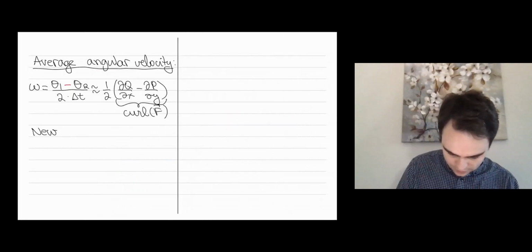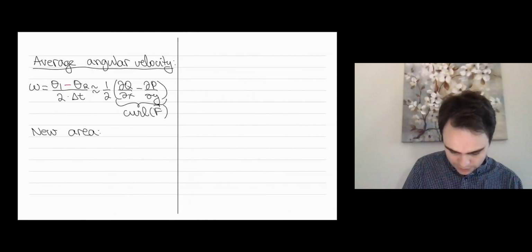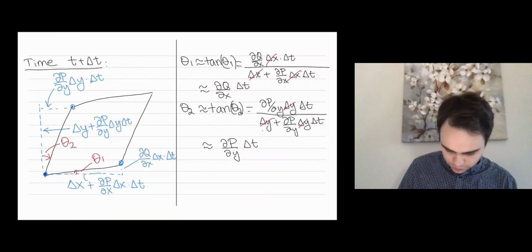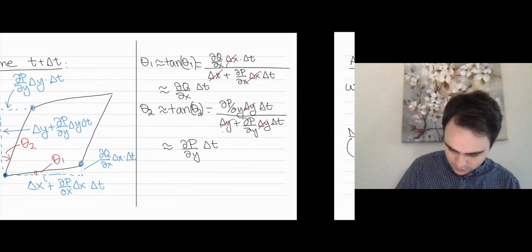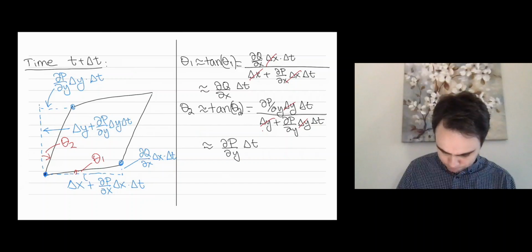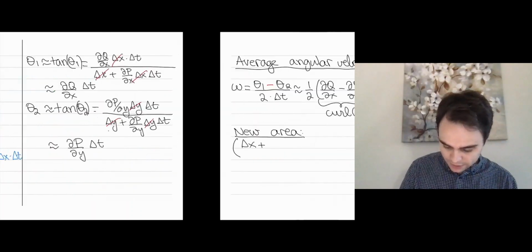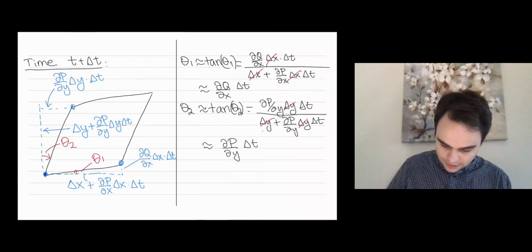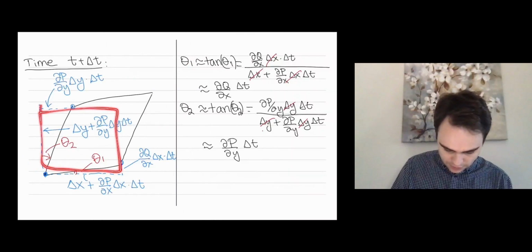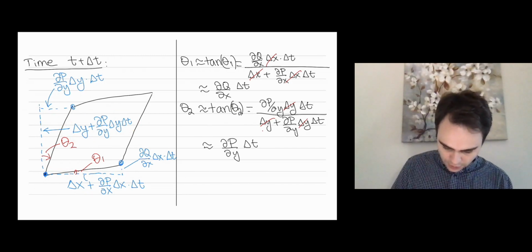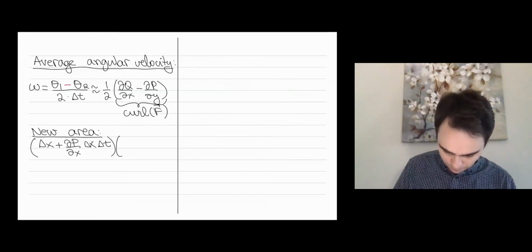So let's see how much that is. The length of the base is delta x plus dp/dx delta x delta t. And then the height of this rectangle is this length over here. That's delta y plus dp/dy delta y delta t.